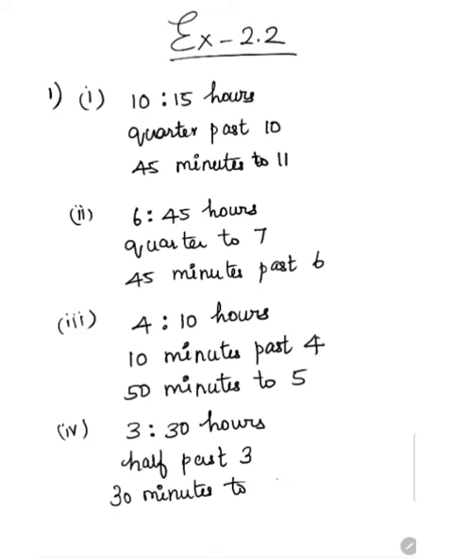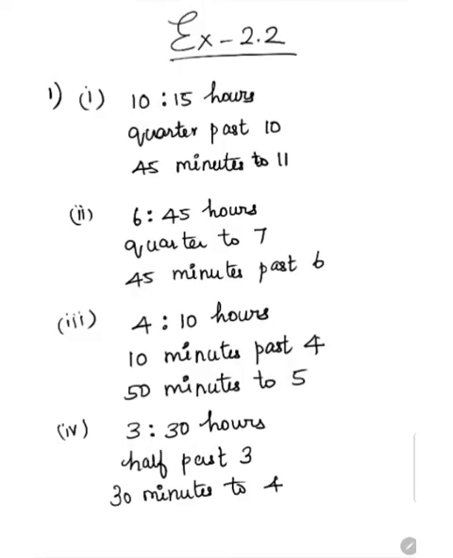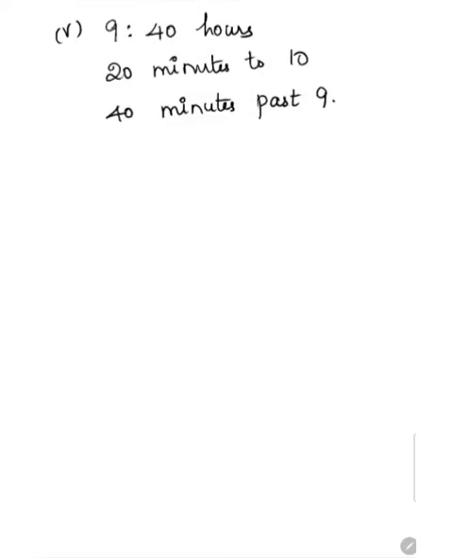Then the last one, the fifth answer, is 9:40 hours, or 20 minutes to 10, or 40 minutes past 9. So there are five subdivisions, 1, 2, 3, 4, 5. You just draw the wall clock in your classwork note and write down these answers.